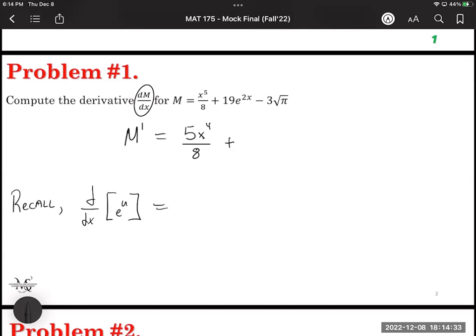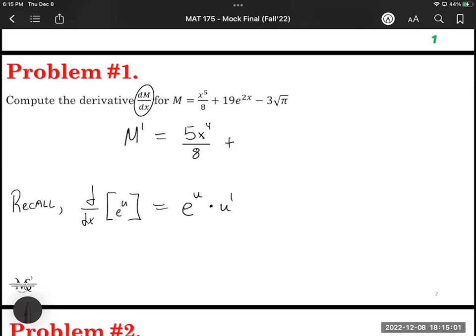Careful, Miss Chen. It's e to the u, but you're missing something. No, no negative 1 here. Not with the exponential. There you go. It's e to the u times u prime.